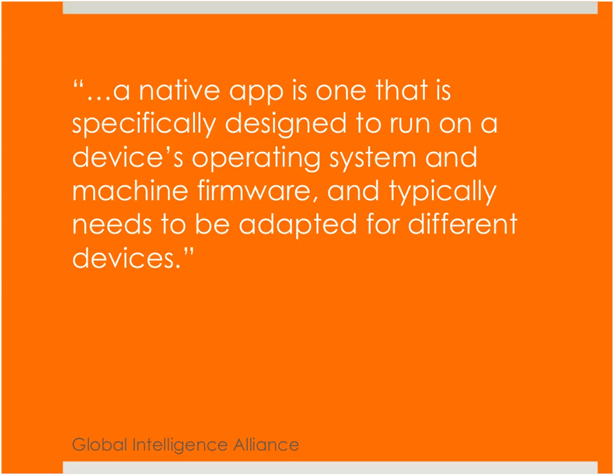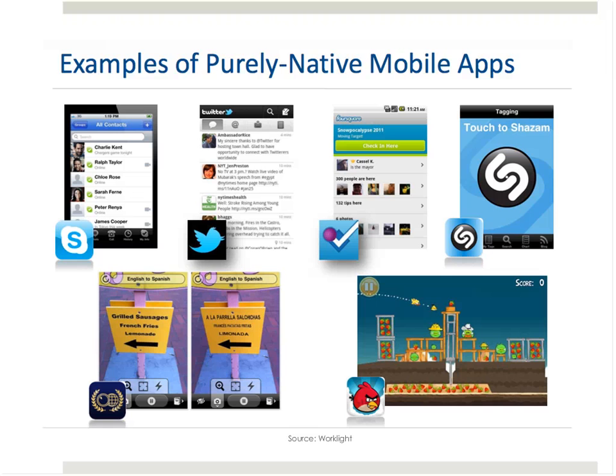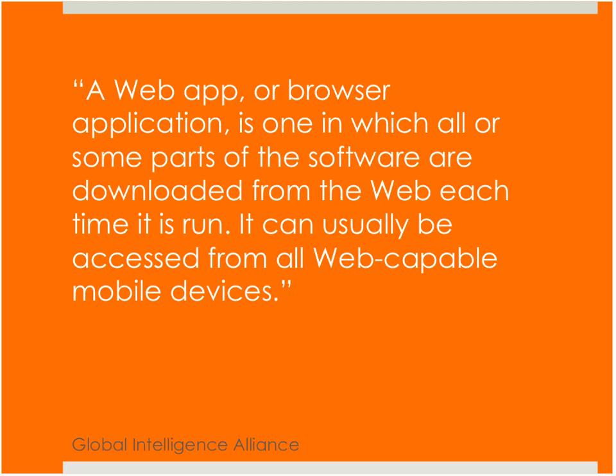So as I said, a native app is one that is specifically designed to run on a device's operating system. And typically, it needs to be adapted for different devices. So here are some examples of purely native mobile apps. Some of you may use these already on a regular basis.